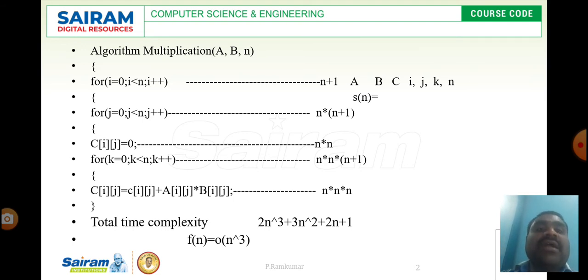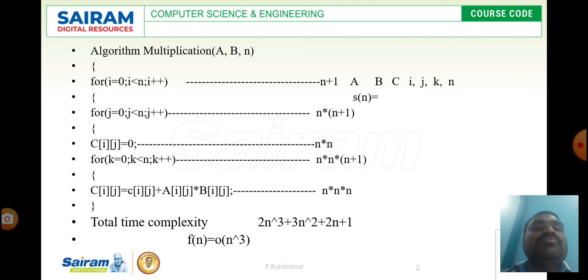Then next, I am considering the next for loop. In this for loop I have j equal to 0, j less than n, j plus plus. J equal to 0 takes 1 unit time, j plus plus will be executed n number of times, and j less than n will be executed n plus 1 number of times. As I said before, whatever statement comes under the for loop will be executed as many times as the increment part is executed.